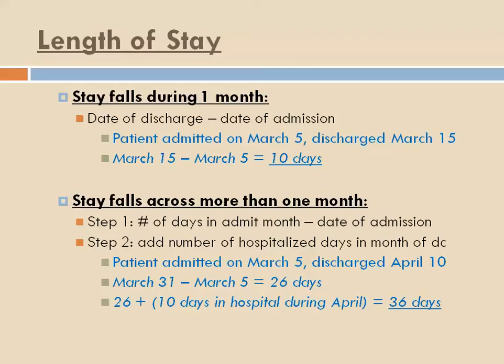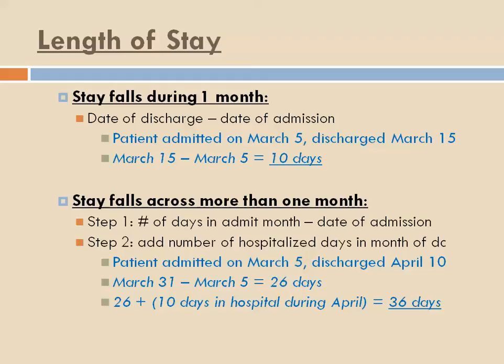And if you were actually just to count that out on the calendar, you would get that same total as long as you remembered to count the day of admission, but not the day of discharge.